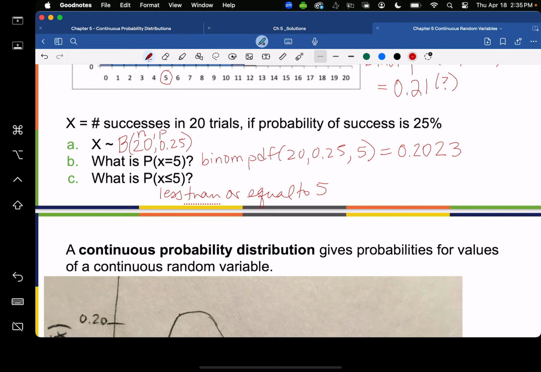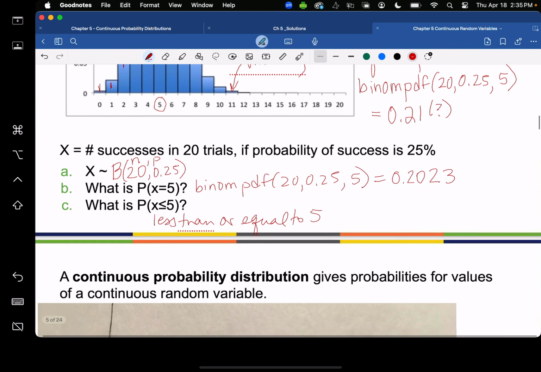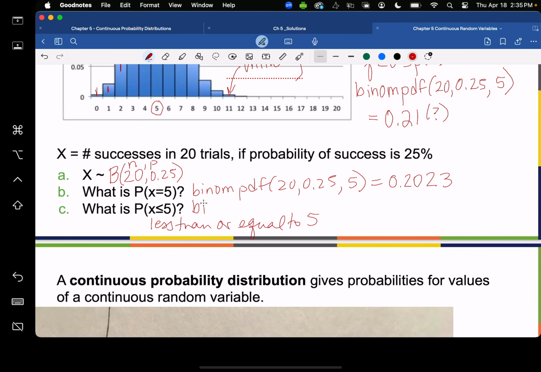So now we want to add up all the probabilities for 5, 4, 3, 2, 1, and 0. We could add up all of those, or we can just do binomcdf(20, 0.25, 5), and that's going to be higher because we're adding all of those probabilities together.